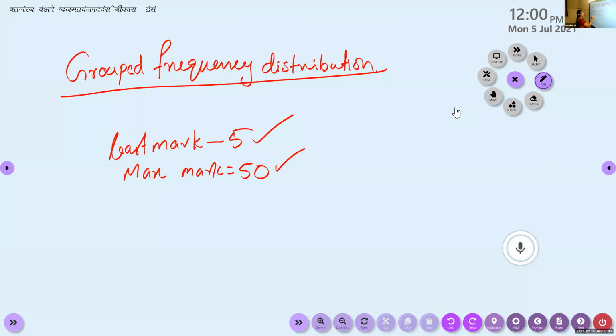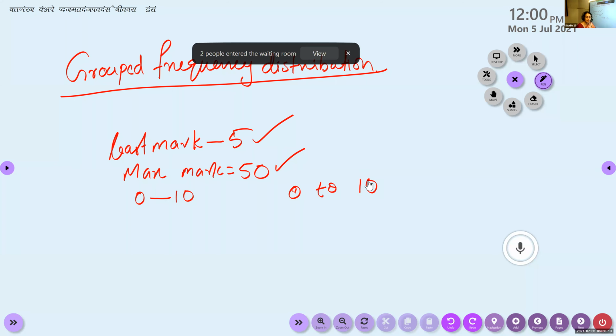First one will be 0 to 10. It contains all the marks between 0 and 10. Then next is 10 to 20.